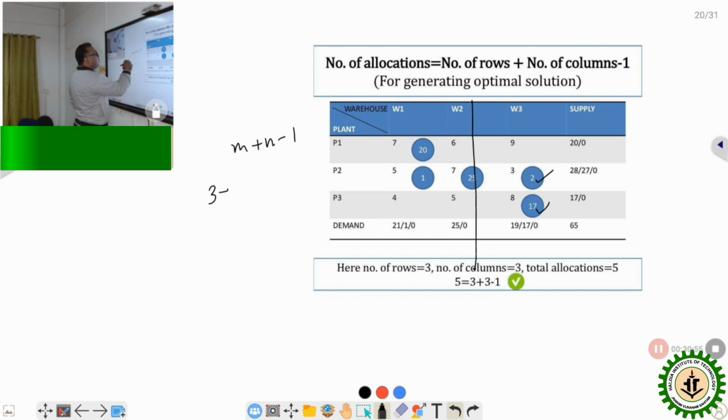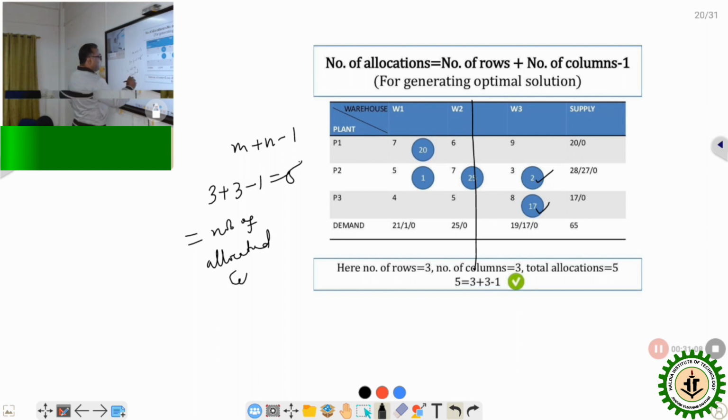So 3 plus 3 minus 1, which is equal to 5, which is the number of allocated cells. Am I clear?